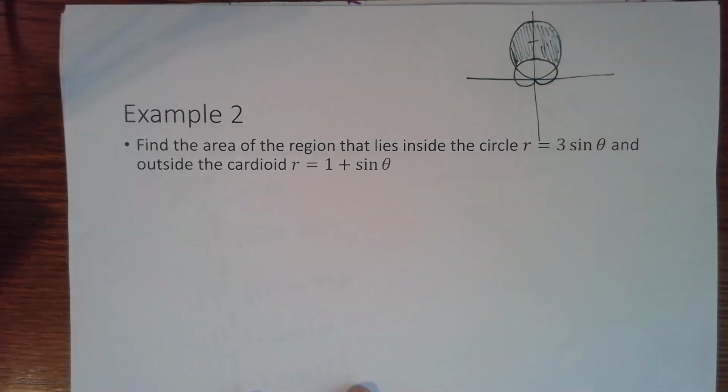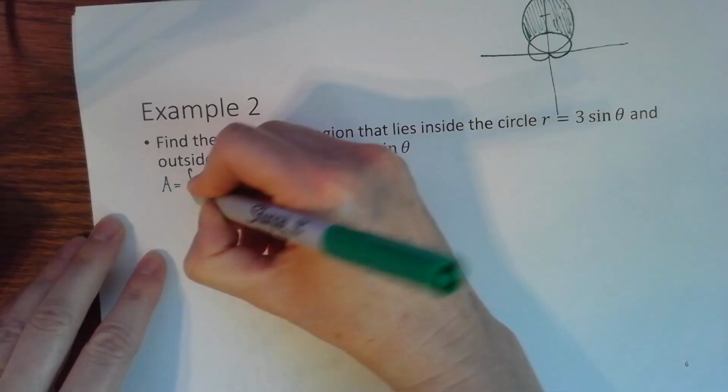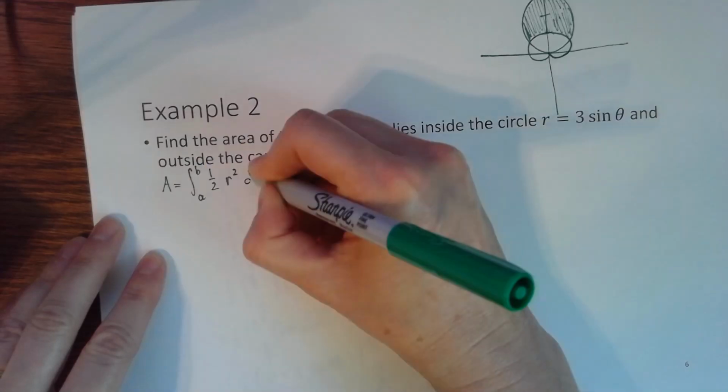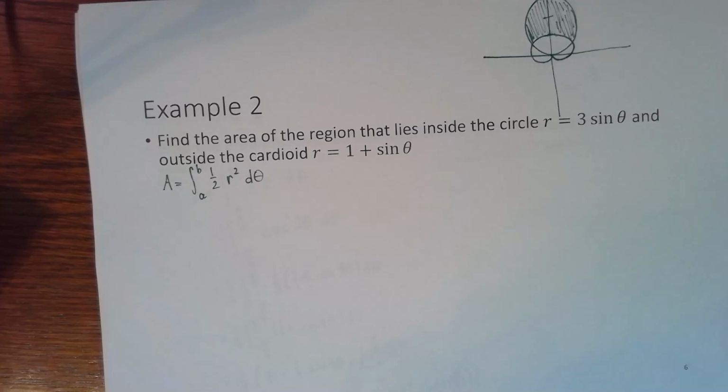And so we know that the area of a region is going to be the integral from a to b of 1/2 r squared d theta. So one of the first things you might want to do is figure out what a and b are.